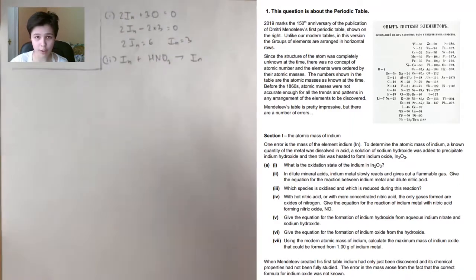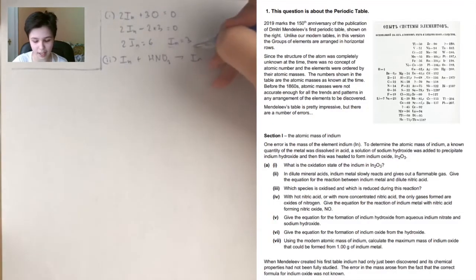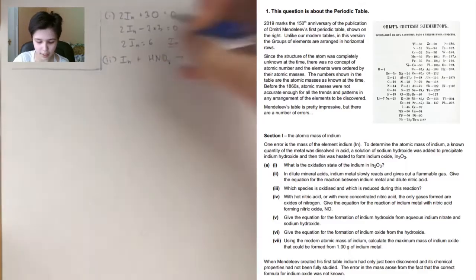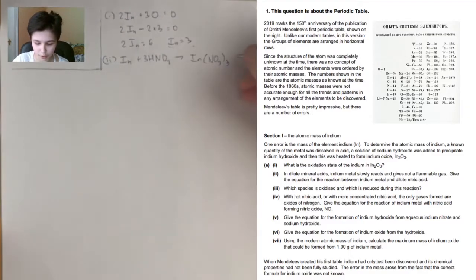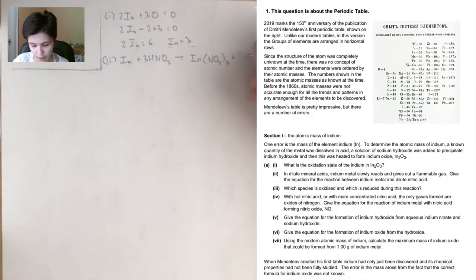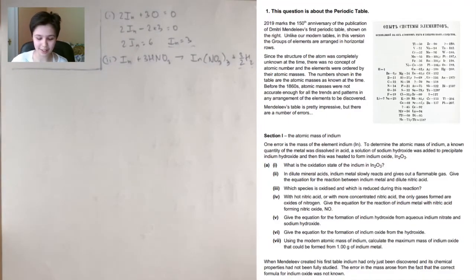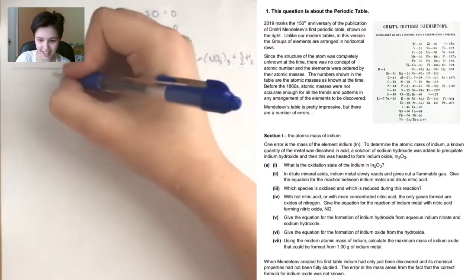I have no information on the oxidation state of the indium salt apart from the fact that here it was a +3 oxidation state, so I'm going to assume it's the same because that's all the information I'm given. So that's In(NO3)3, giving me 3 of those, plus H2 times 3 over 2. And oh wow, hydrogen is a flammable gas. Yay, I don't need to go any further into that.